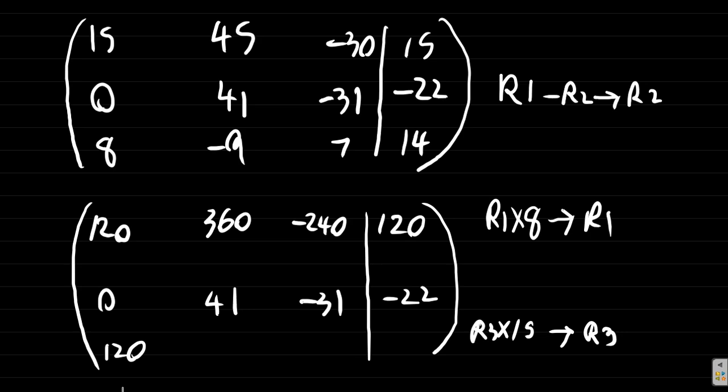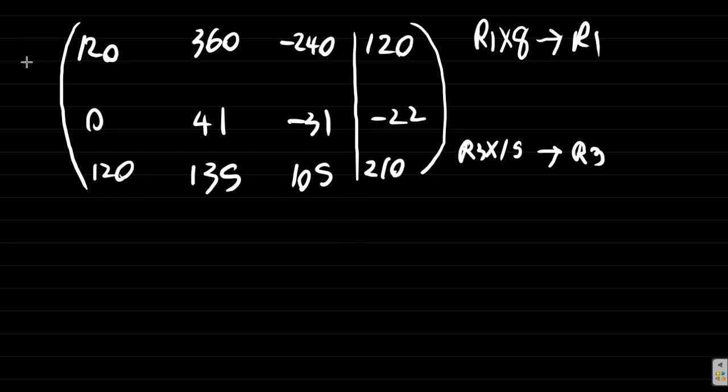Negative 9 times 15 gives us negative 135. And then 7 times 15 gives us 105. And that is equal to 14 times 15, which will give us 210. Make sure you're following, right?